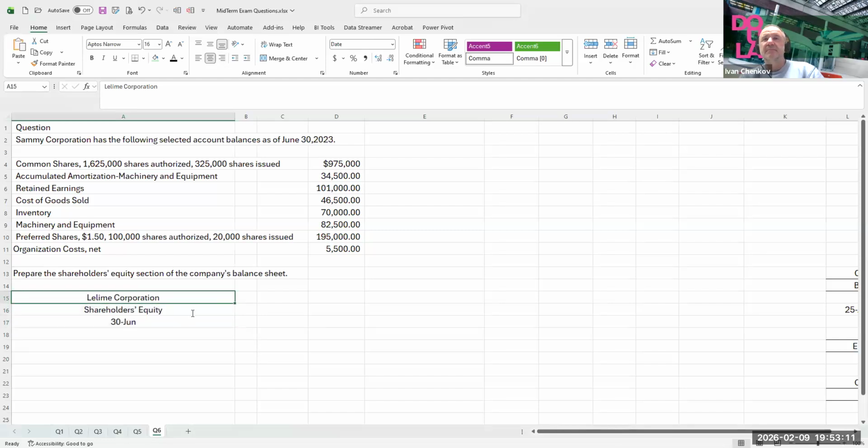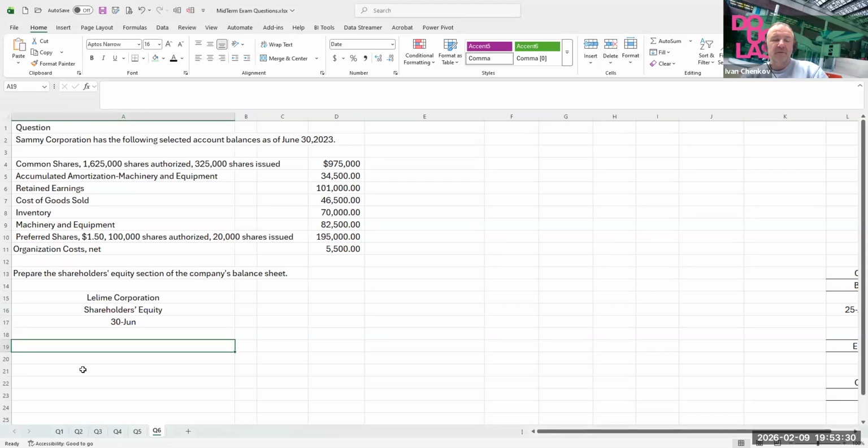What you have to do is start with the contributed capital, and you're gonna split it into 2 sections, contributed capital and retained earnings. So we're gonna start first with the contributed capital.